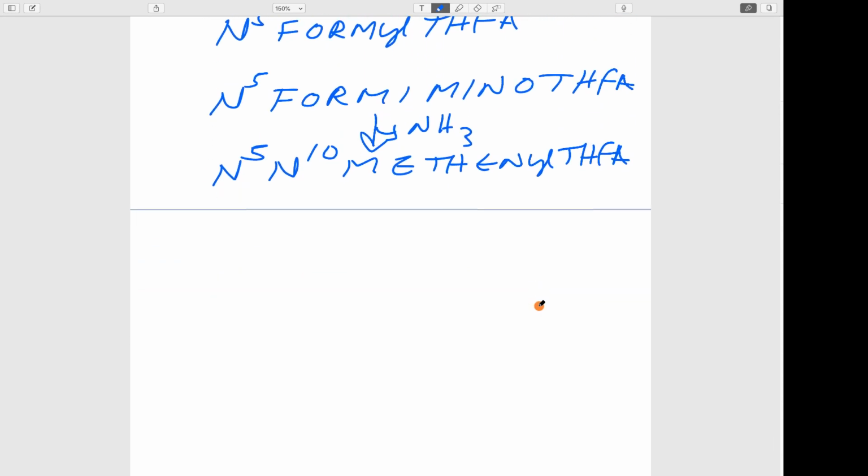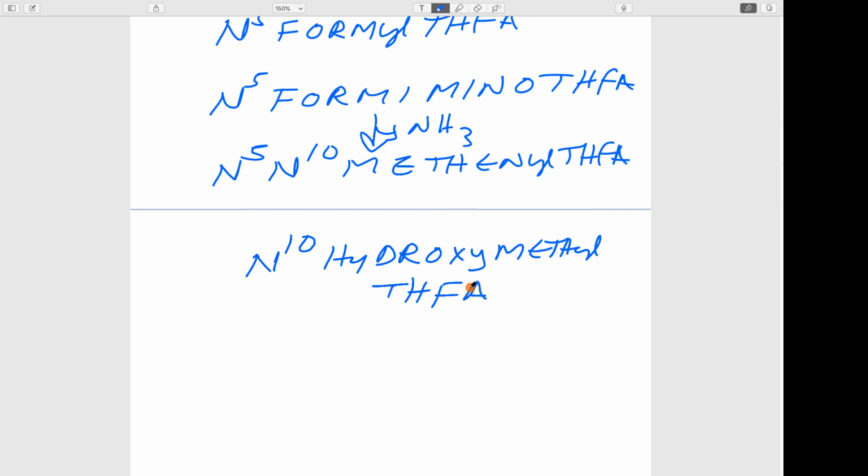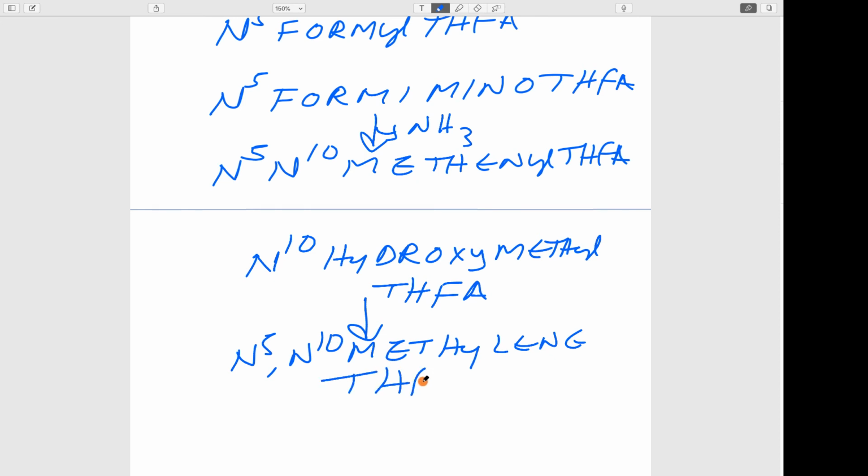Then we have the N10-hydroxymethyl THFA, which also can be interconverted into N5, N10 methylene THFA. So these are the various interconversions.